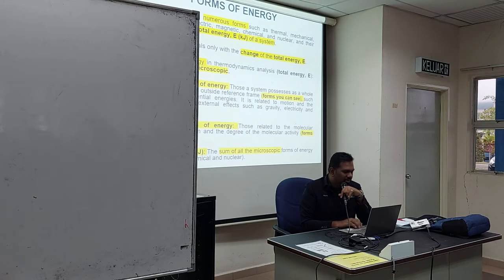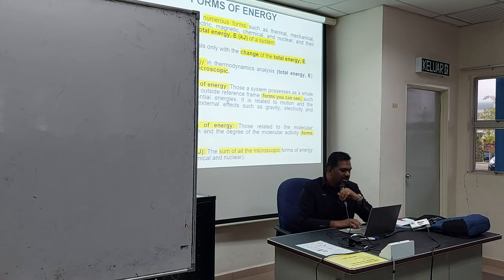So the macroscopic form of energy is something that you can see, like electricity or surface tension. That is something we can see in our daily life. And the microscopic form of energy is the form that is hidden, what we cannot see. It's molecular activity like nuclear. We don't see it, but actually the splitting of the nucleus or nucleons inside produces energy.